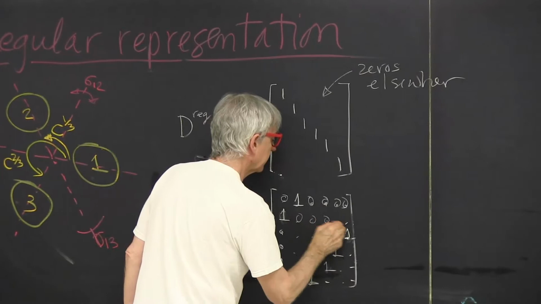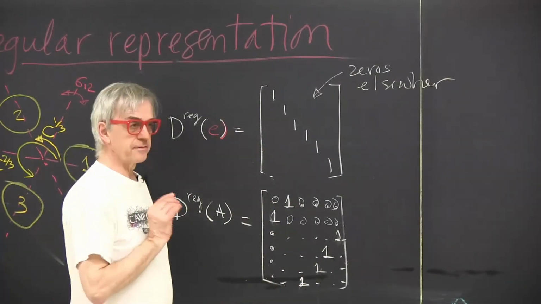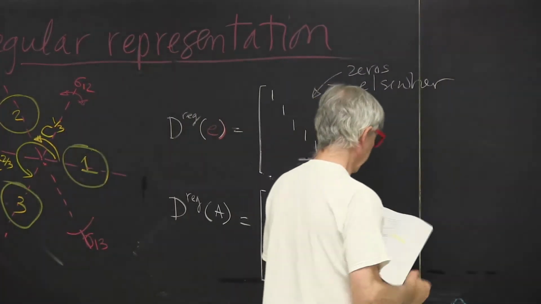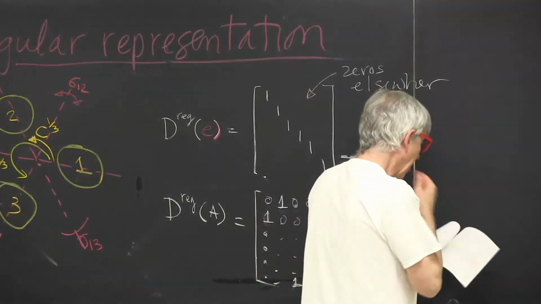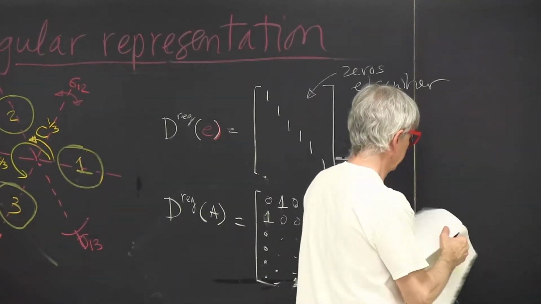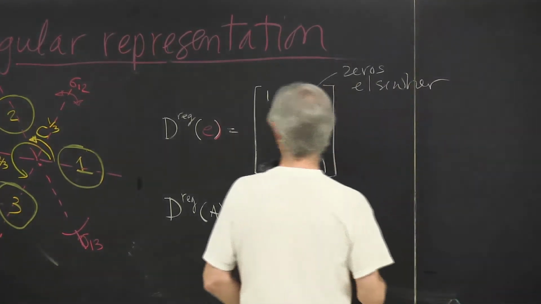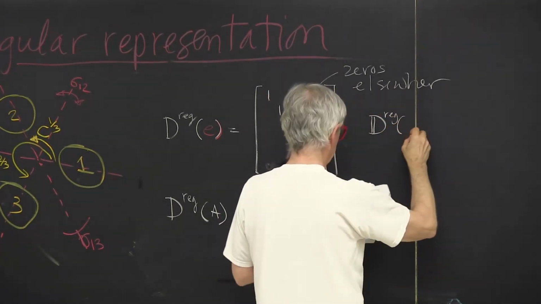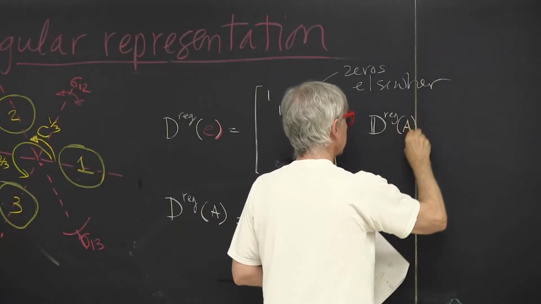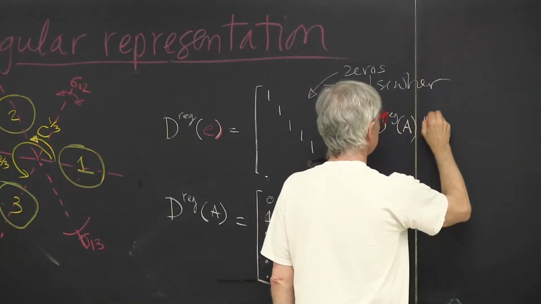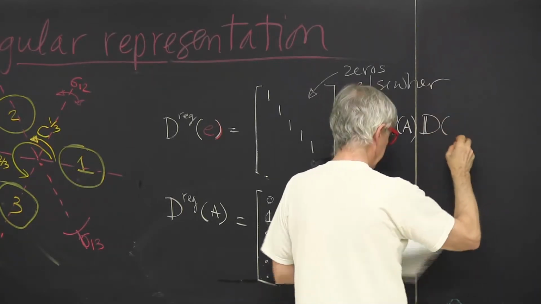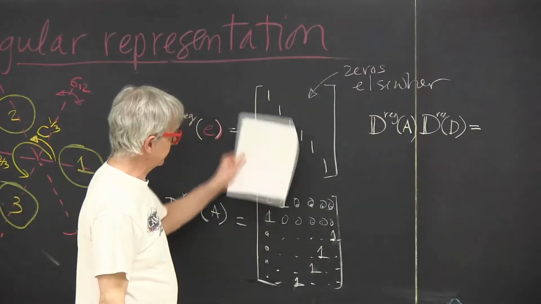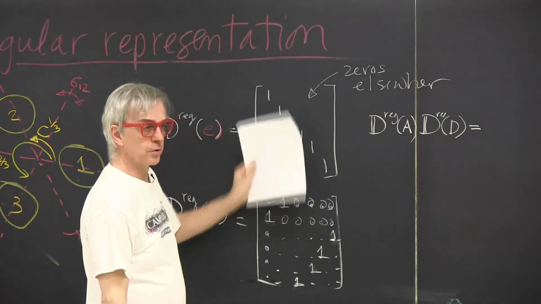with only 1 place. And now it's an exercise which I will not do on the blackboard: if I, for example, take 2 elements, so if I take matrix D regular corresponding to group operation A, multiply from the left on the group operation of D, I will clearly get something that only has 1 per each column and row.